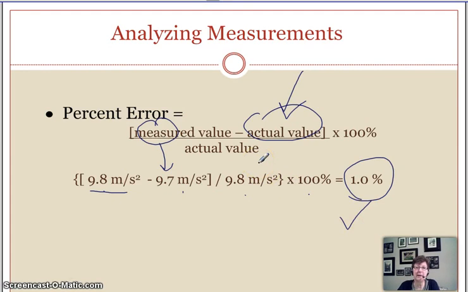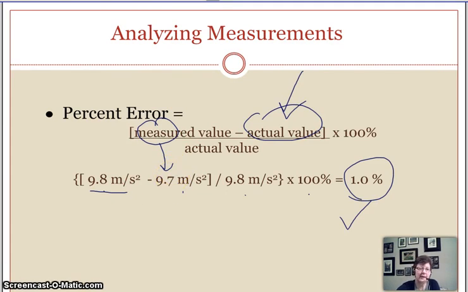Now don't get hung up on the fact that I said measured minus actual in my equation, but did you catch that when I substituted them into the actual calculation here, I put actual first and measured second? That's okay. You're really only concerned about the absolute value of the difference between the 2 numbers.